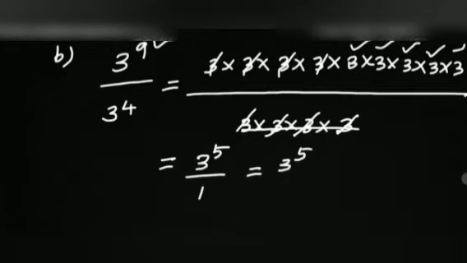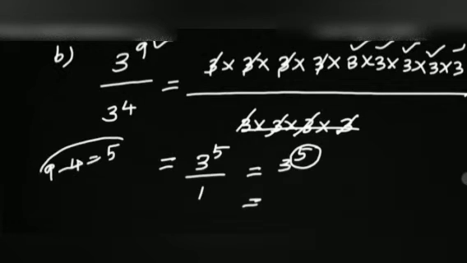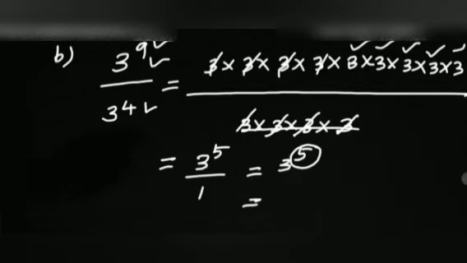And what is this 5? Is there any relationship between 9, 4 and 5? Yes, we all know that 9 minus 4 is equal to 5. So what can be written instead of this 5?